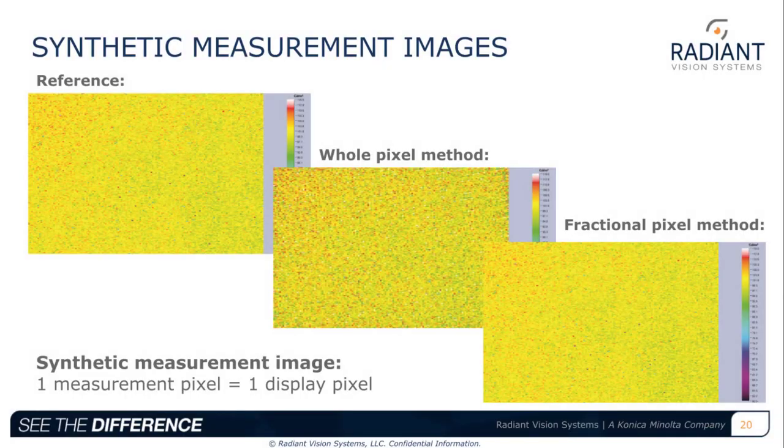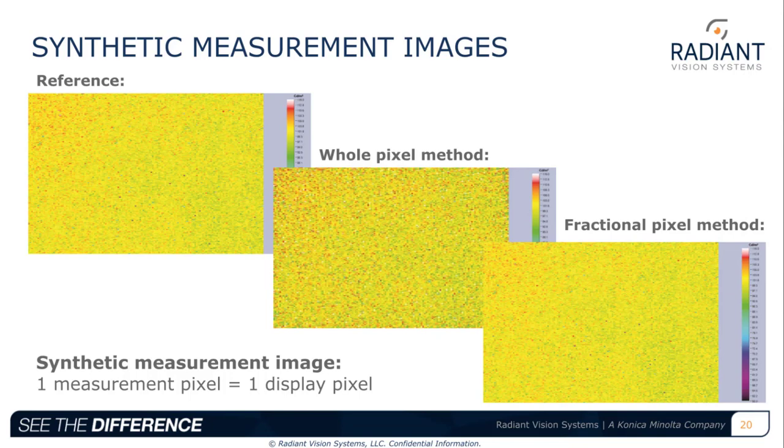In this slide, we show synthetic measurement images produced by each type of measurement we just talked about: the reference, the traditional whole method, and the fractional method. A synthetic measurement is simply a measurement where one measurement pixel is one display pixel.